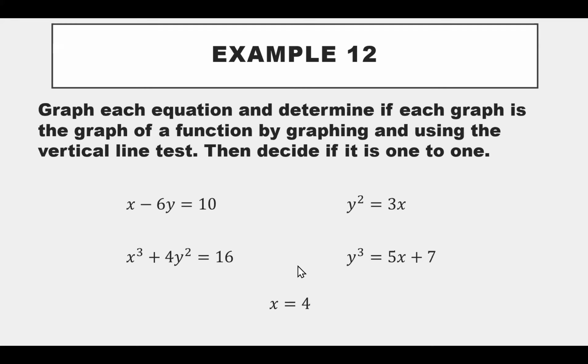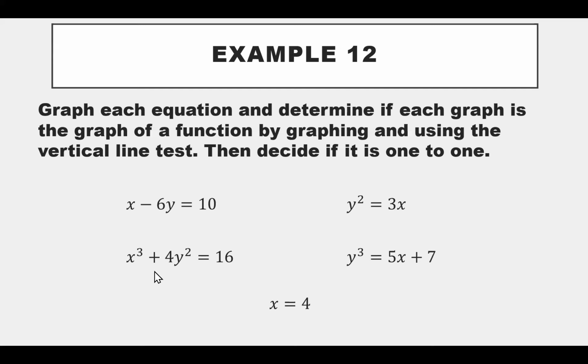Let's look at these other expressions graphically as well, and we'll quickly decide if they are functions, and then one-to-one functions if they are functions. These are also ones I've done algebraically on a previous slide, so we can confirm our results that way as well.